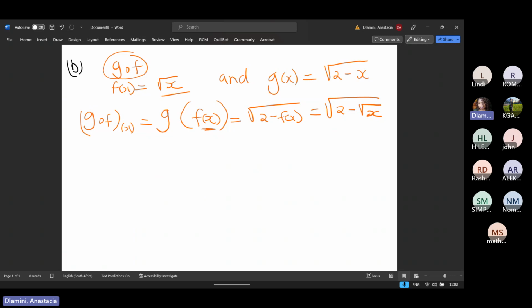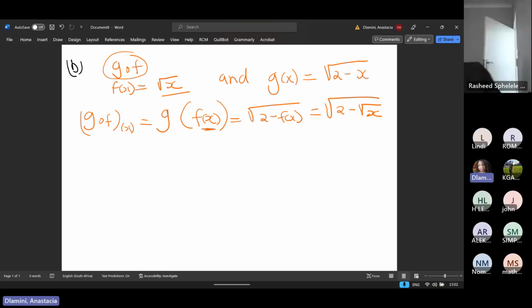How do I find the domain? Please help me. Guys, I need you to help me so that we finish and go to the next. The values of the domain are between 0 and 2.